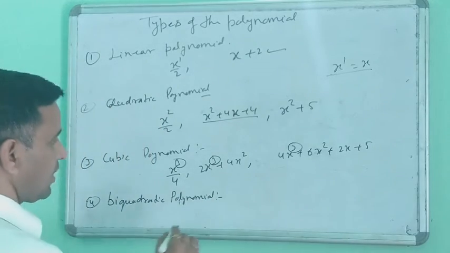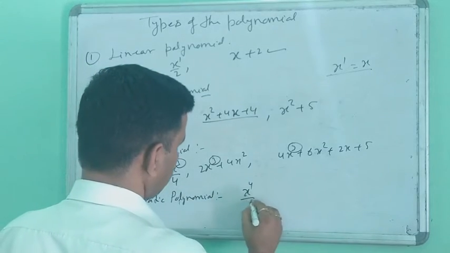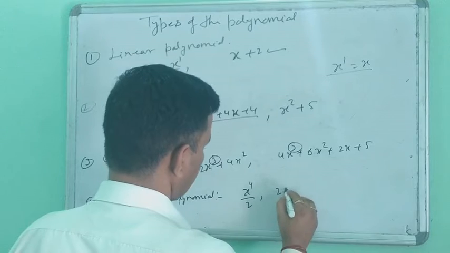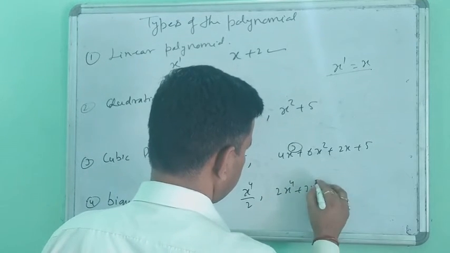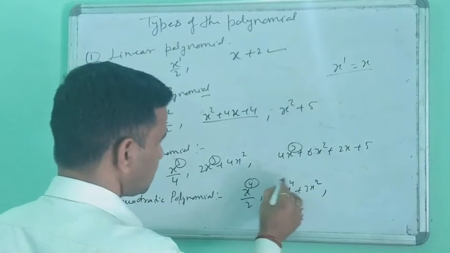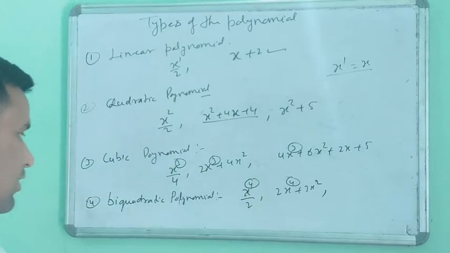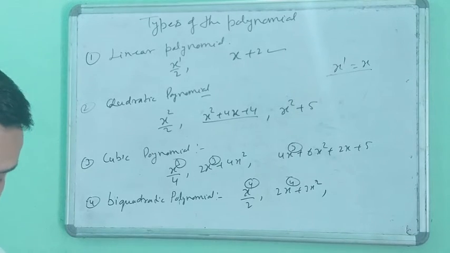Suppose your power is 4, like x exponent 4 upon 2, or 2x exponent 4 plus 3x square, and so on. The highest power is 4. This is called a biquadratic polynomial. Yes, note down, then the next questions.